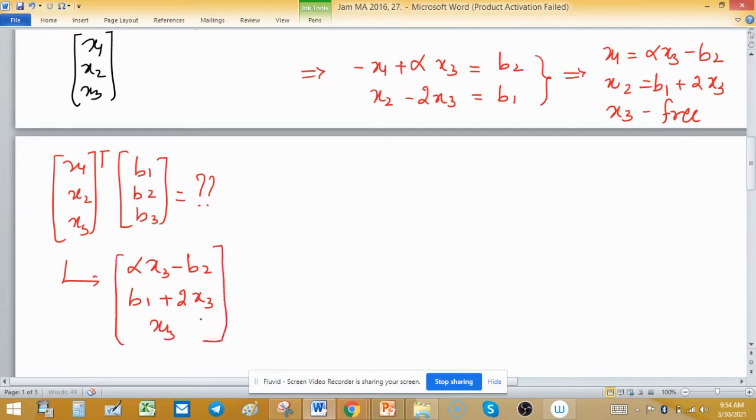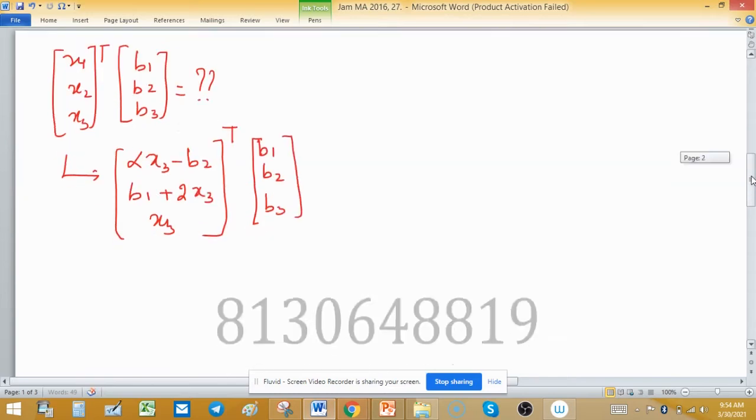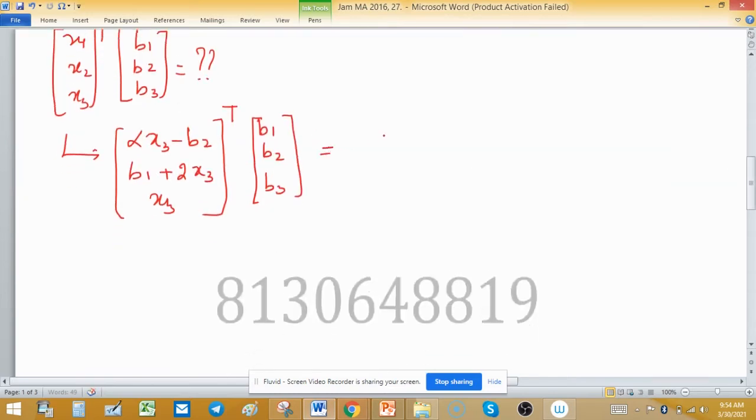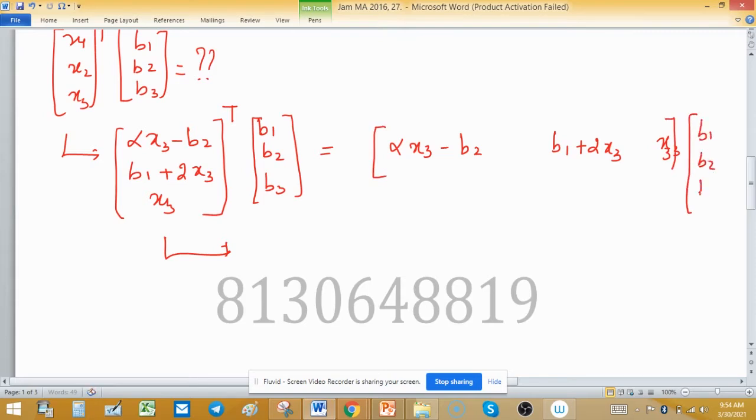This is the solution vector, and this is the right hand side vector. So take the transpose of the solution vector, written as a row vector: alpha x3 minus b2, b1 plus 2 times x3, and x3. This is a row vector, and this is the column vector b1, b2, b3.